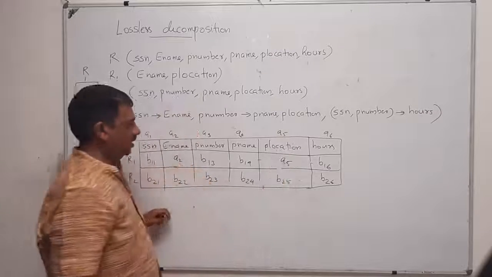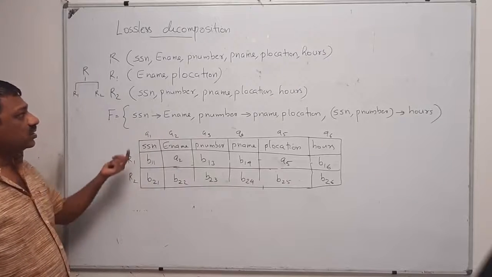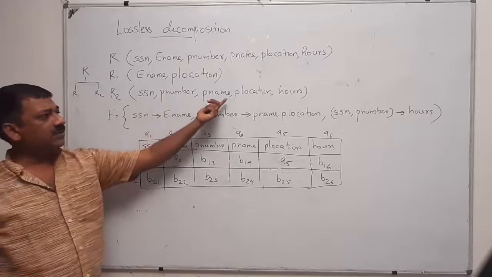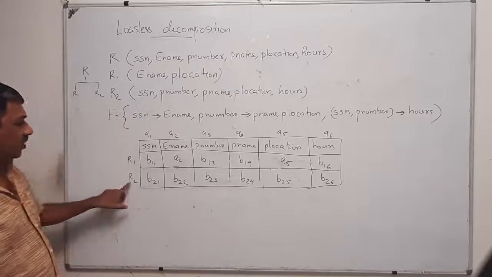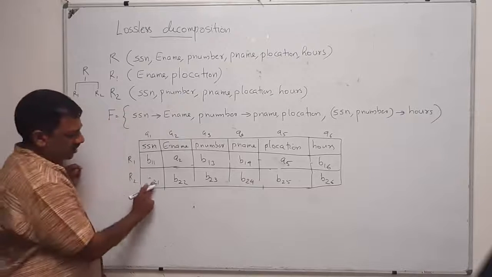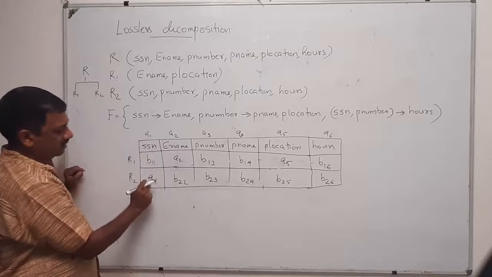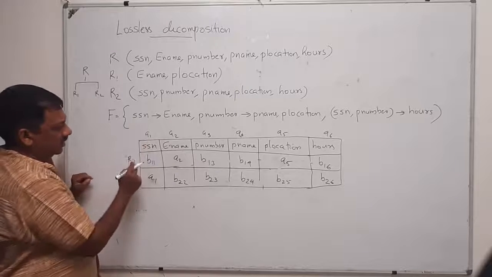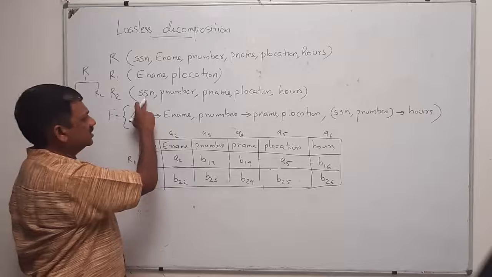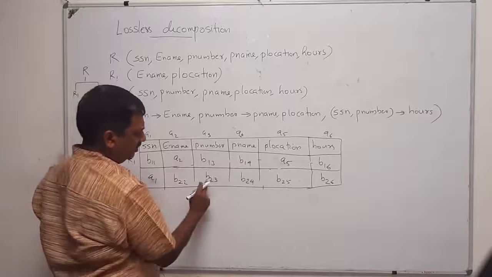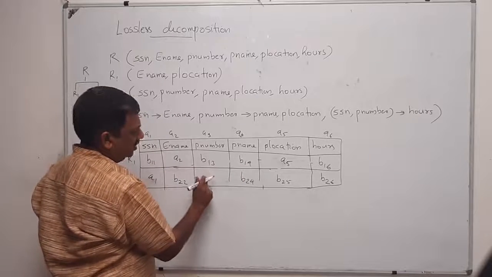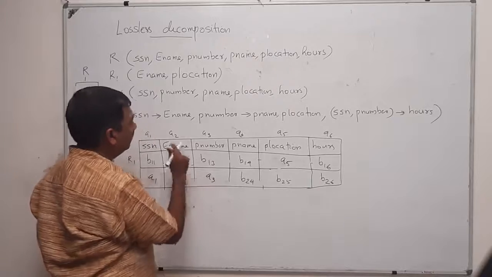Now for R2, SSN, P number, P name, P location and hours. So for R2, SSN is having, say, A1. I have replaced this with A1. Then P number is this one, so I have to replace that by A3.